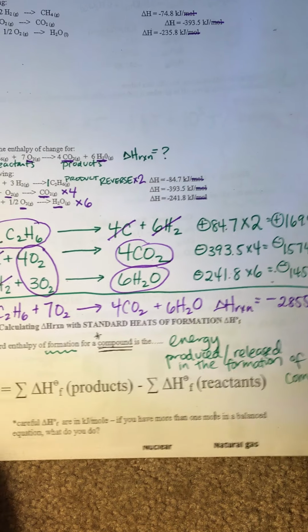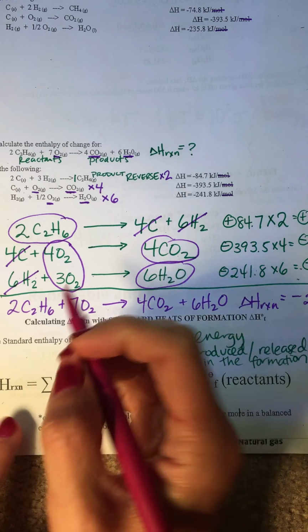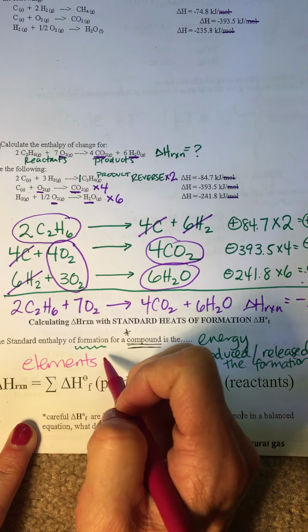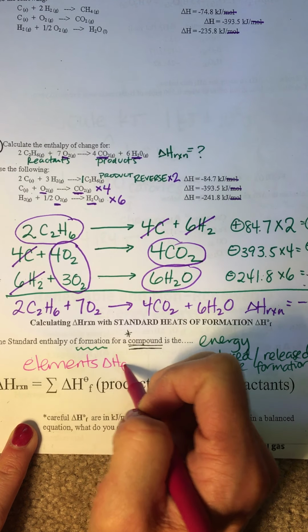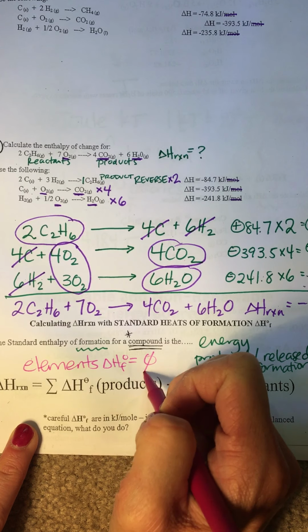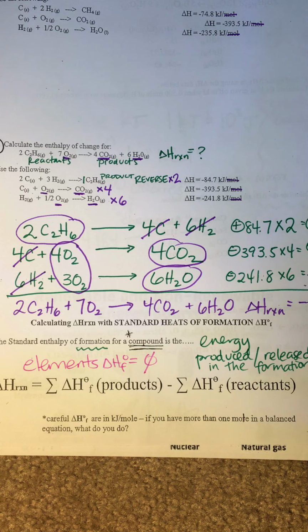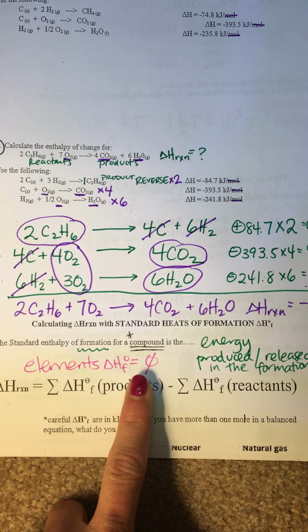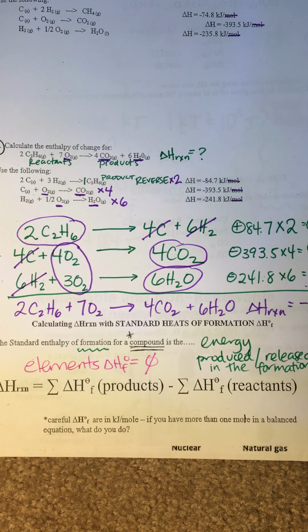The heat of formation for elements equals 0 kilojoules. So you need to make sure that you know that. They're not going to tell you that in any problems. Just assume that you will know that elements have a value of 0 for their heat of formation.